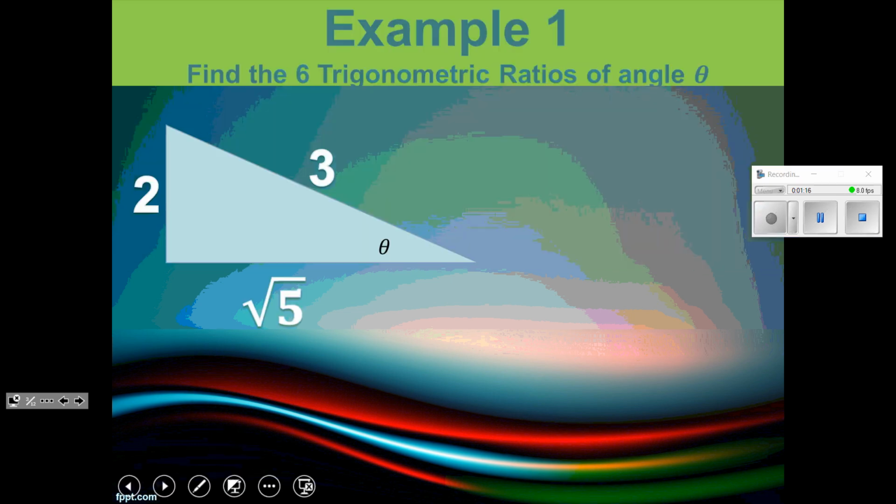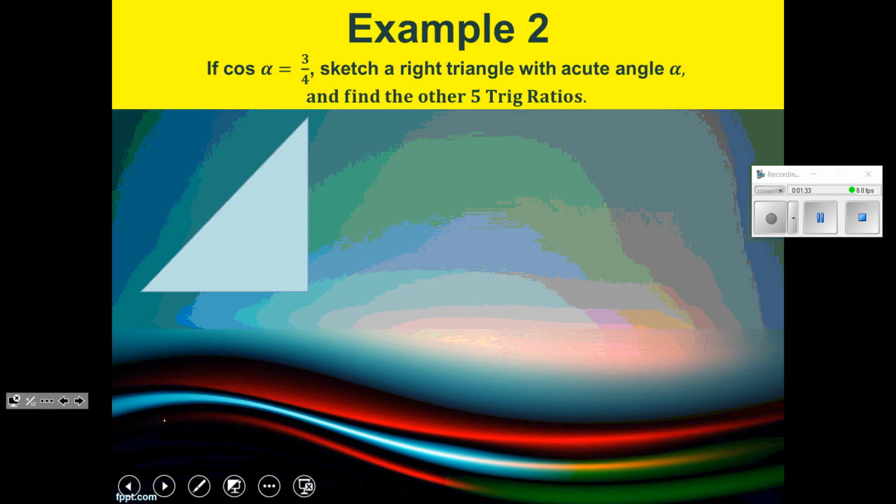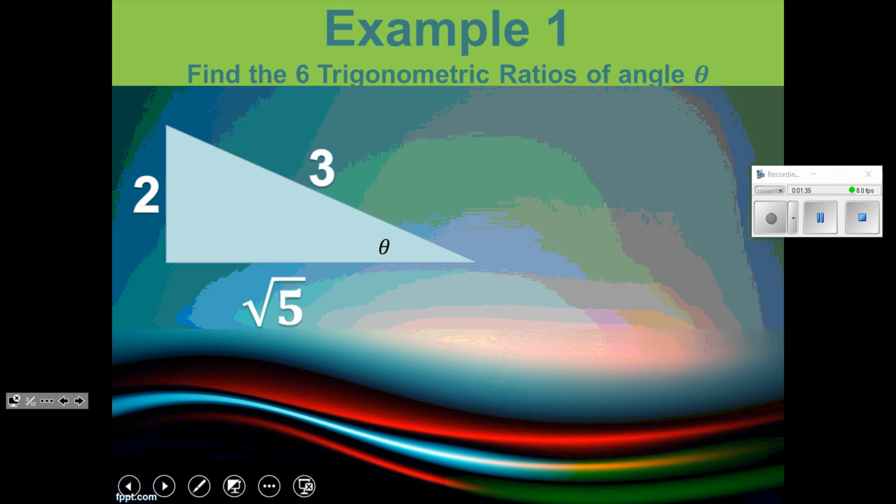Okay, so let's look at example 1. We're going to find the 6 trig ratios of angle theta. The only difference in what we're doing here with triangles is you have to really look at the theta, because it may be this angle you're talking about, or it might be a different angle.